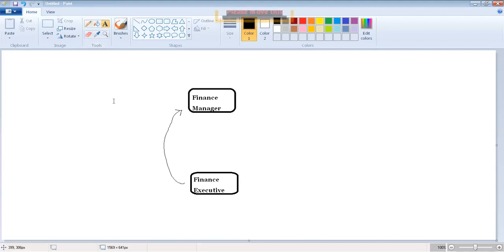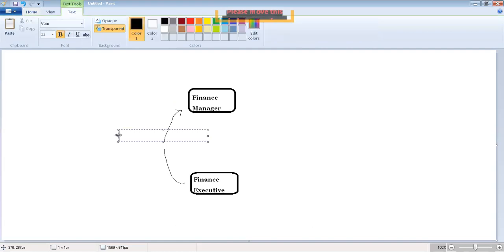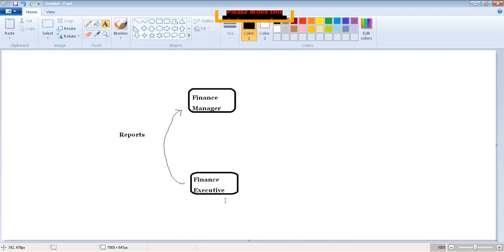Let me type it: reports. This finance executive reports to the finance manager. That's why I'm drawing it like this.